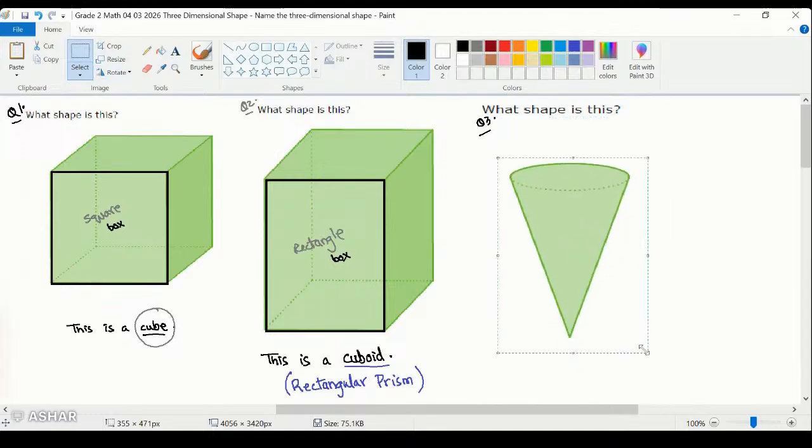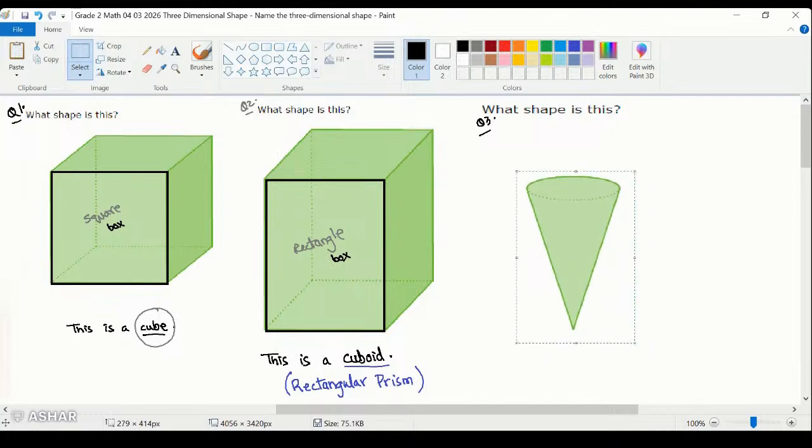When we go to a carnival and we want to buy some ice cream, they place some ice cream on a cone, right? And what do we call this type of ice cream? Perfect. When we ask the shopkeeper, we ask them, can we have a cone, right?